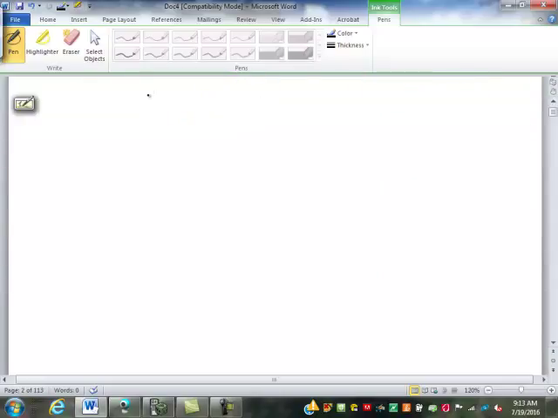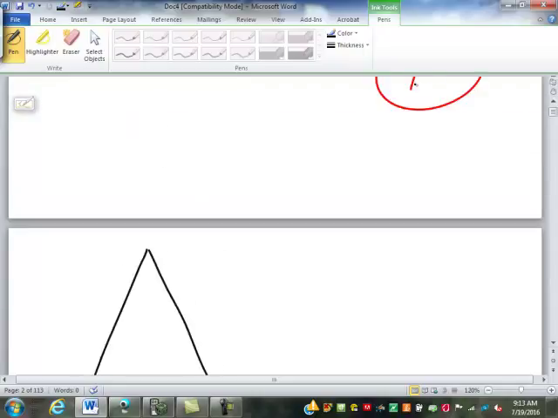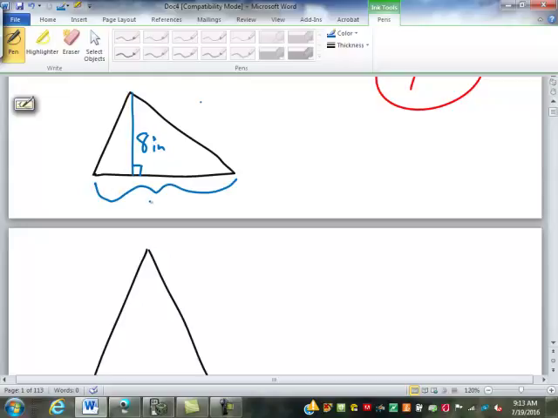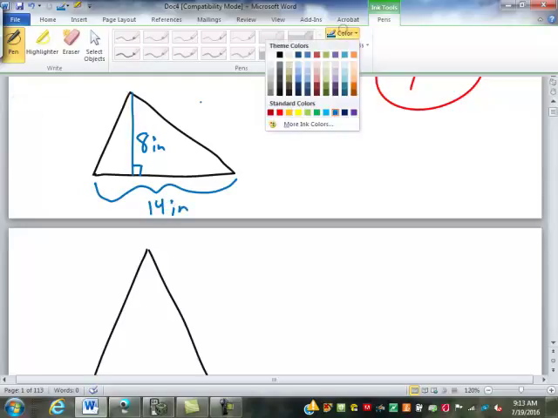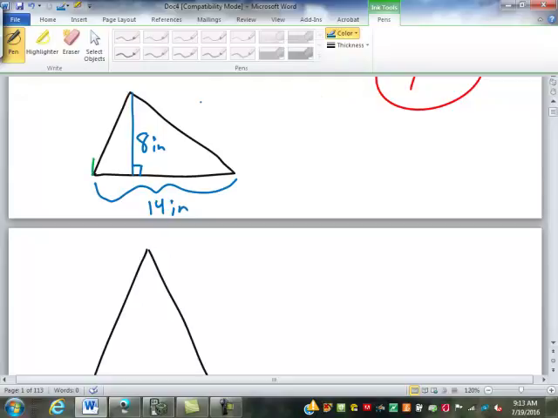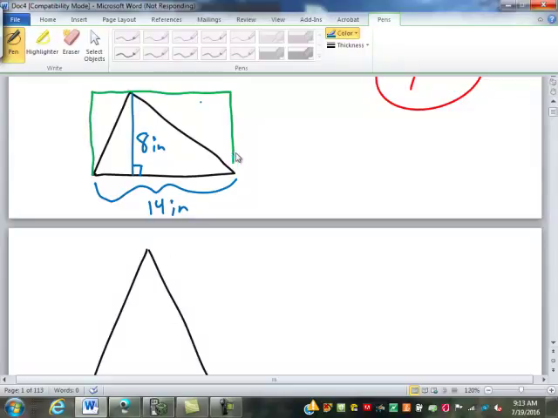I'm going to give you guys a related problem to work on. Now, if you recall, when we were asked to find the area of a triangle, we did right triangles mostly, but we also said that as long as you knew this height here, let's say we know that height is 8 inches, and the length of the base, let's say we know this base is 14 inches, we can find the area of that triangle because it's just half of whatever the area of that rectangle is.